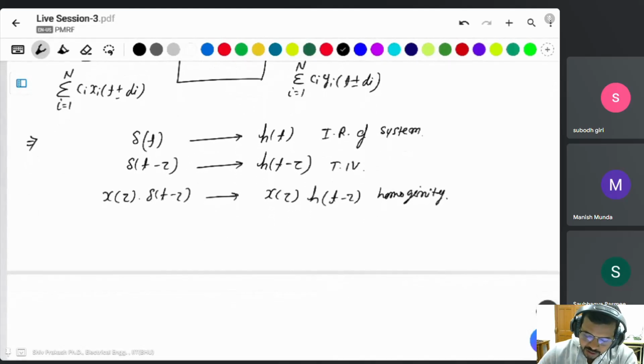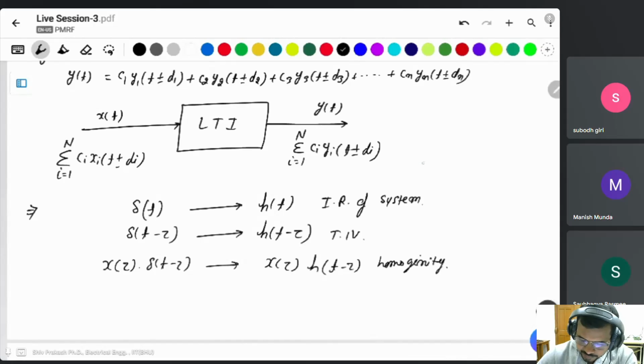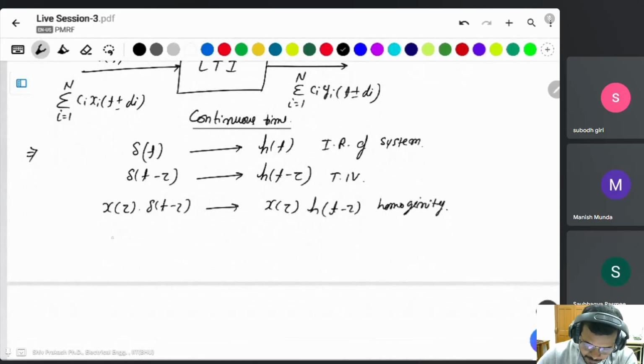In continuous time, the system is continuous time. To summarize, integrate this system from minus infinity to infinity of x(tau) h(t minus tau) d tau.